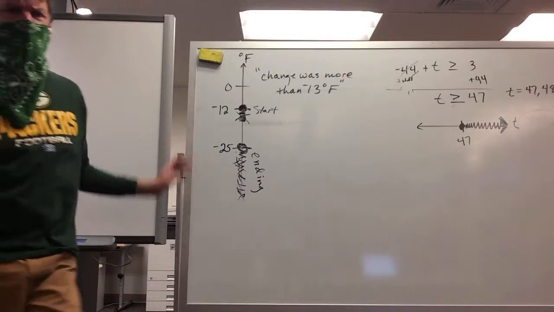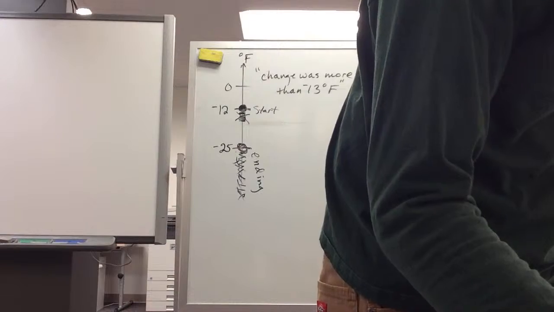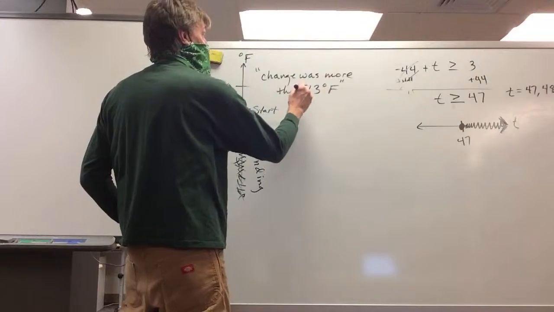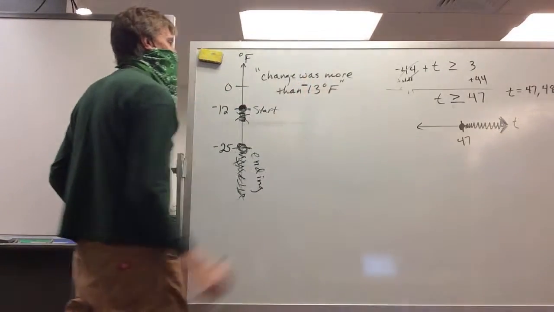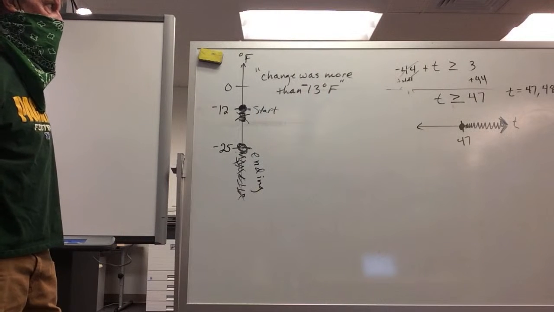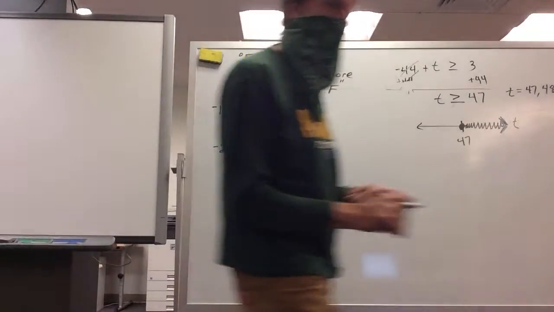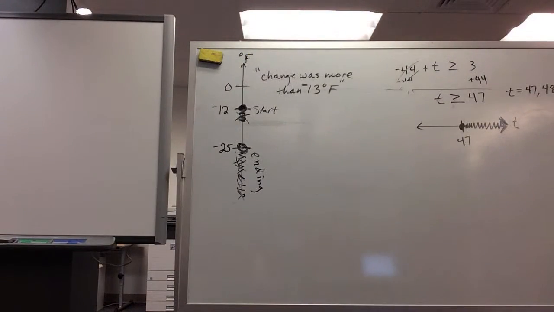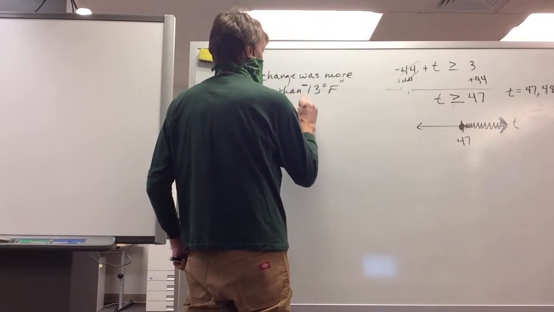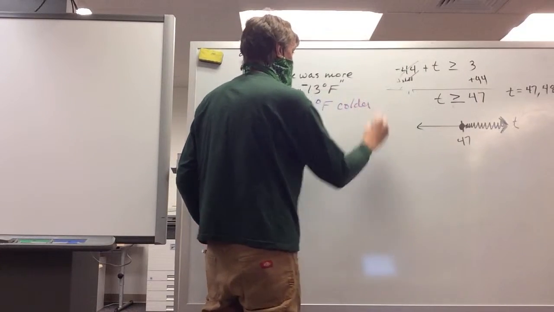So now we need to graph the change. So the change has got to be a number that's more than -13. This is where it gets kind of weird. Because I could write this two different ways. This section right here, I could say more than 13 degrees Fahrenheit colder.